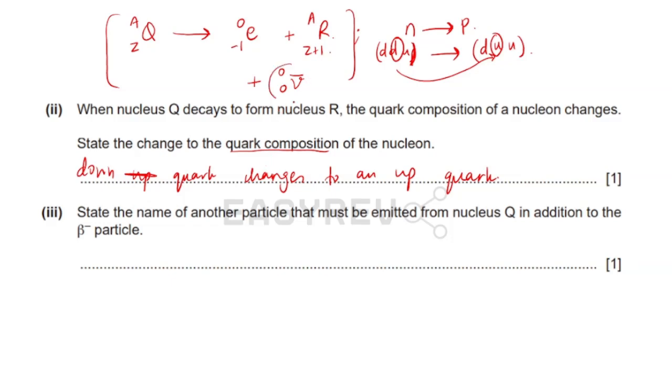It's only there because it was experimentally found to be emitted during the beta minus decay process, and moreover it was necessary for momentum to be conserved during this process of decay. So the particle that needs to be emitted is the antineutrino, right?